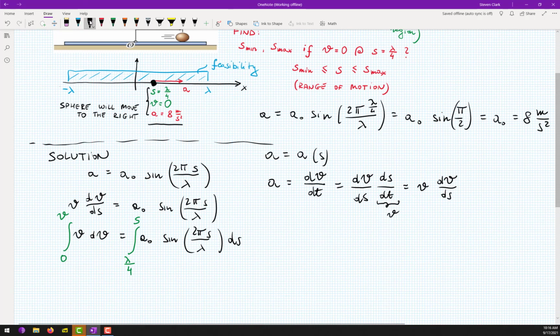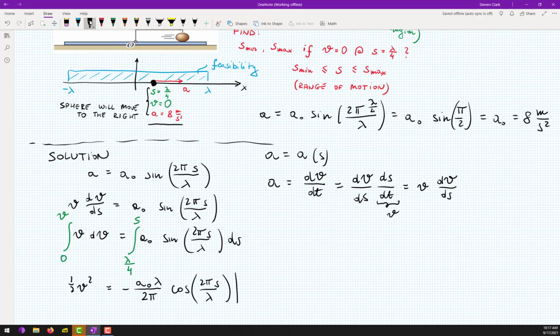So we basically have one half v squared in here, and in here we will have, if I remember correctly from school, a0 lambda divided by 2 pi, negative cosine of 2 pi s over lambda, from lambda over 4 to that.